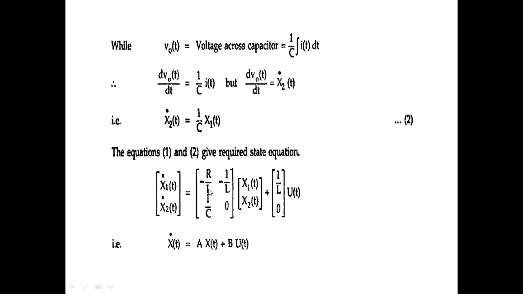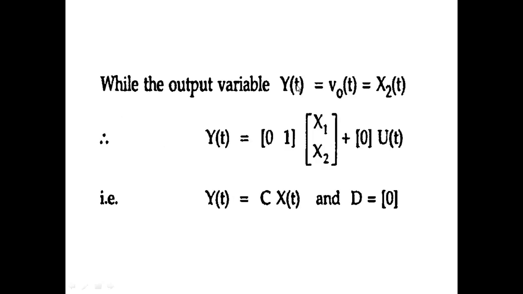And what about the output equation now? That is y of t. So y of t is nothing but V naught of t, which is equal to x2 of t. So y of t equals C into x1 x2 plus D into u of t. In the output equation we don't have x1 of t, the first state variable.